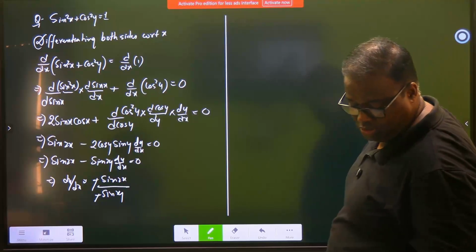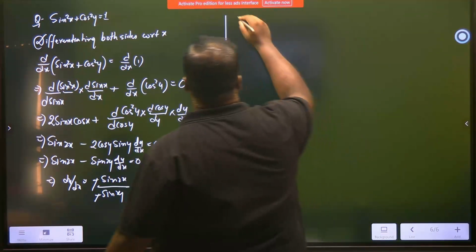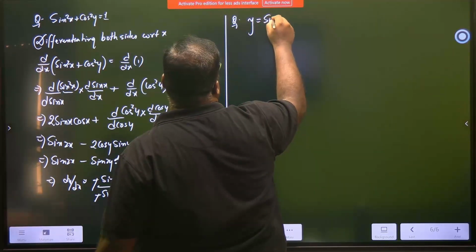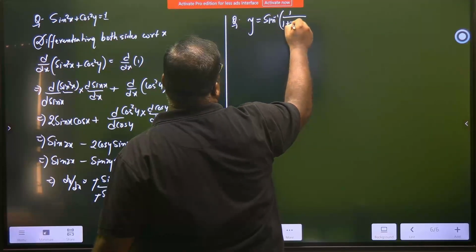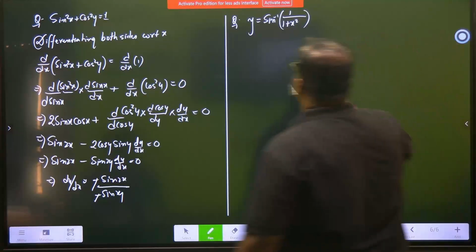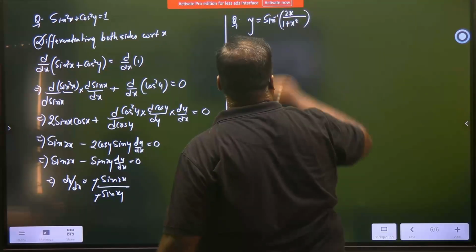Here you need to have a lot of judgment, otherwise you will not be able to solve. Initially children find this a little bit difficult. Sine inverse of 2x by 1 plus x square.